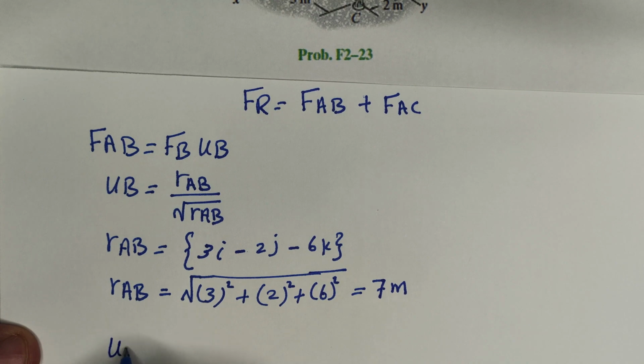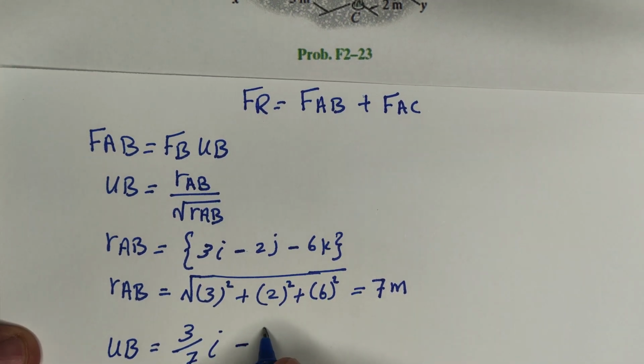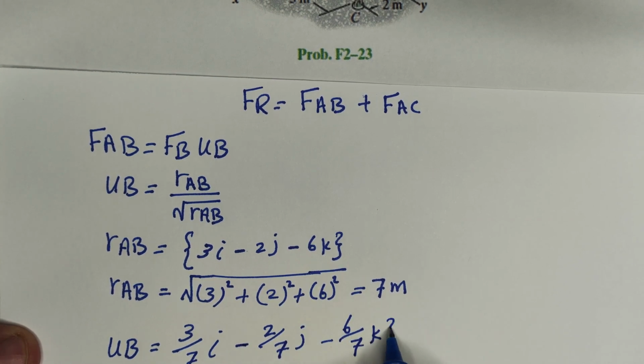So unit vector UB equals 3 over 7 i minus 2 over 7 j minus 6 over 7 k. Now that's the unit vector.